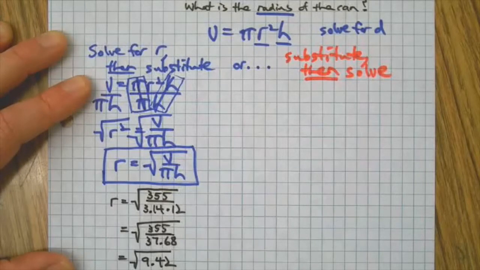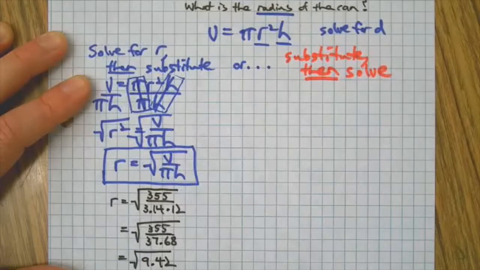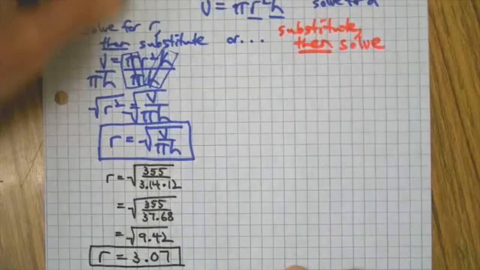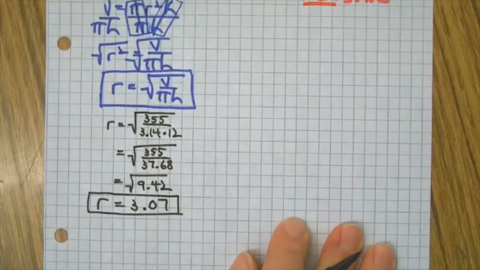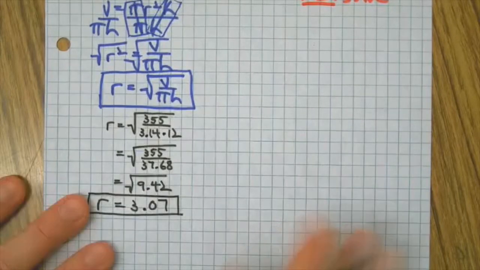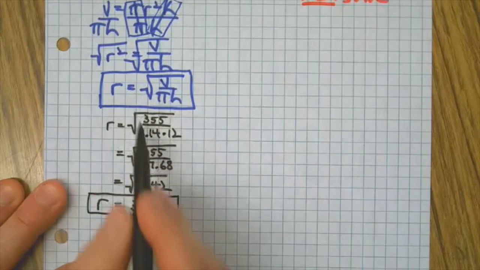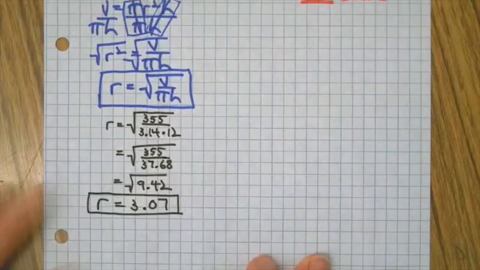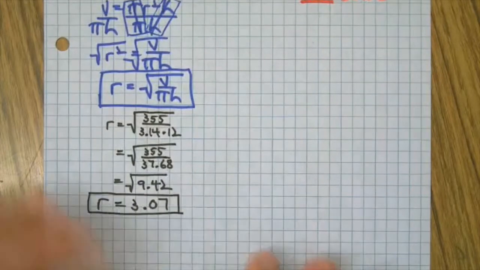You can tell this is going to be 3 something, right? I'm going to round off to the nearest hundredth, and what we get is 3 7/100. That's after rounding, for the radius. Okay, so first I solved for r, made this new formula, then substituted and got my answer.